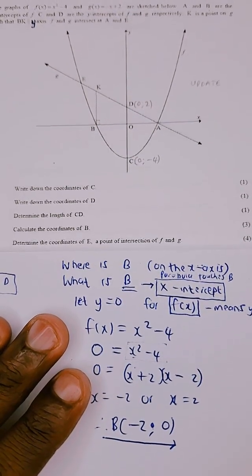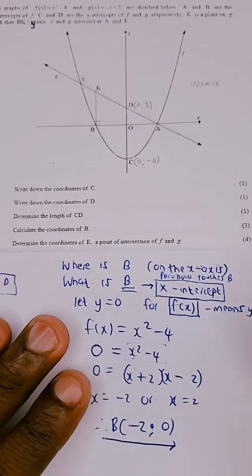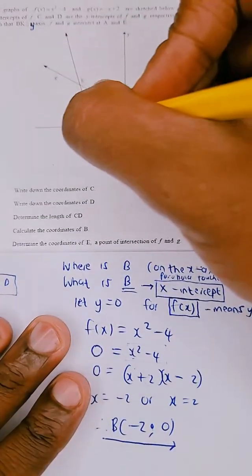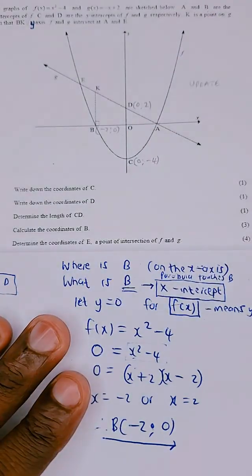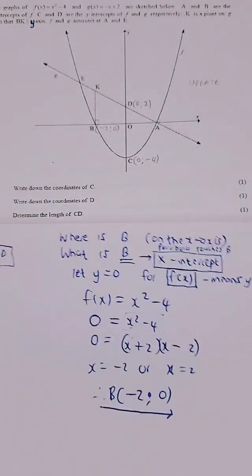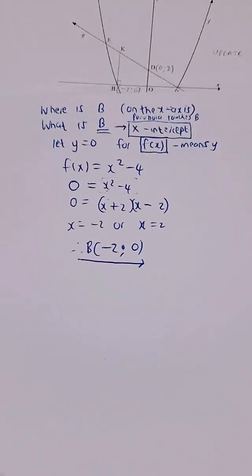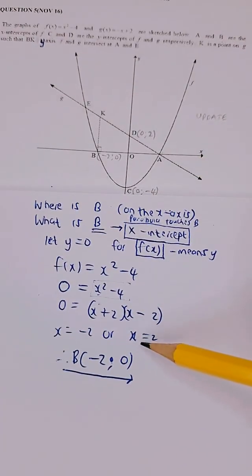Hey, good job there, Sis Mbali. Just an update. So the coordinates of B, let's update those. B is negative 2 and 0. Now, the reason why I don't say x cannot be 2 is because, remember, what we've just calculated is the x-intercepts.